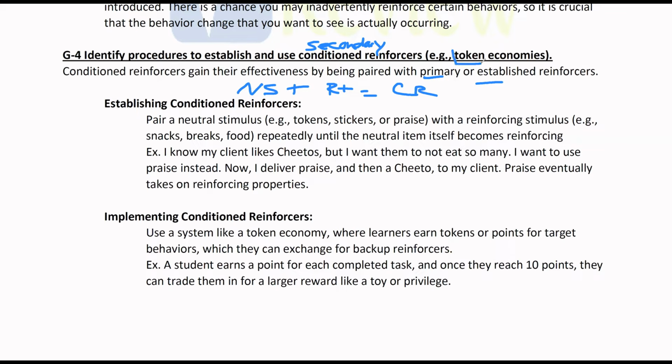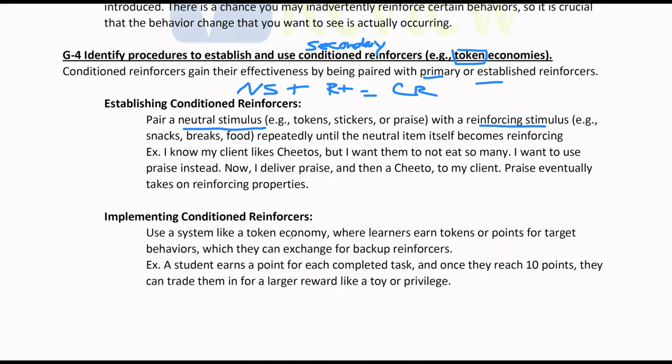So tokens are a fantastic example. Tokens by nature are not reinforcing until they're paired with backup reinforcement. Those are conditioned. How do you establish them? Well, we just went over it, right? You take a neutral stimulus, you pair it with a reinforcing stimulus by presenting it repeatedly until that neutral item becomes reinforcing.